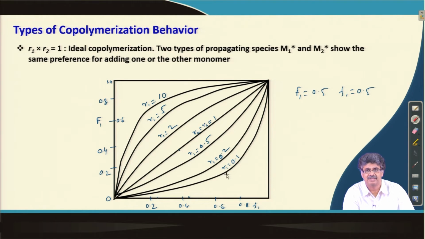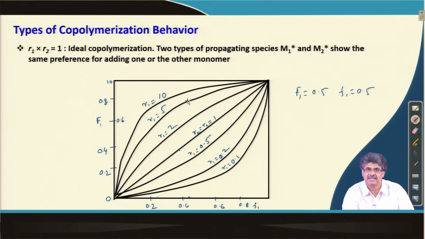in the first set of chains, or when the conversion is low, the chains will have more of, in this particular case, M1, and as a result the composition of the monomer mixture will change, because M1 will be used up to a much greater extent compared to M2. So, slowly the ratio of monomer in the mixture will be high with M2.